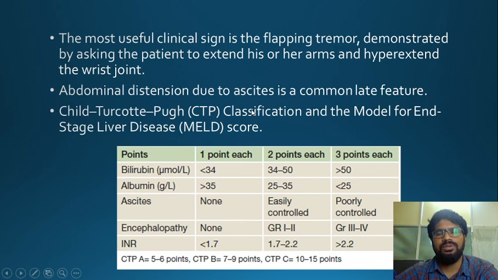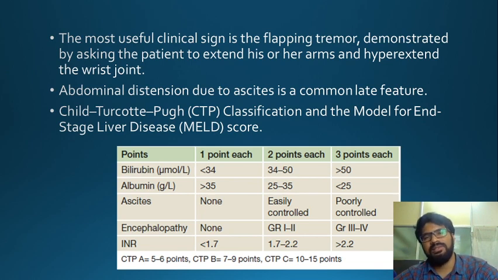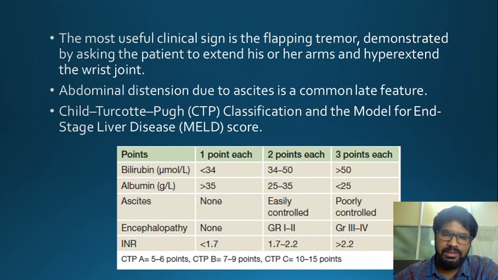So there are some parameters to assess the severity of chronic liver disease. Those are the CTP, Child-Turcotte-Pugh classification, and the Model for End-Stage Liver Disease or MELD score. It takes certain parameters, and each parameter has limits which are graded and given some points, and depending upon the points, we know the severity of the chronic liver disease.